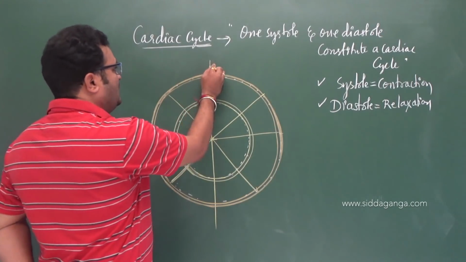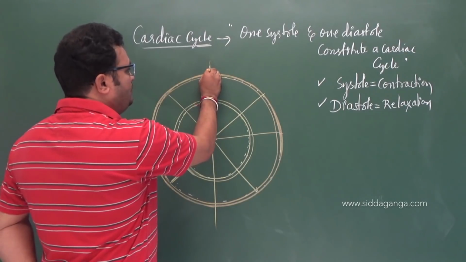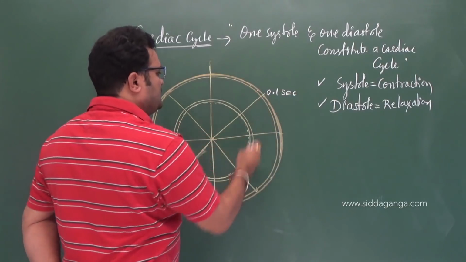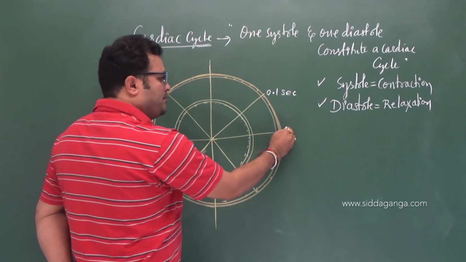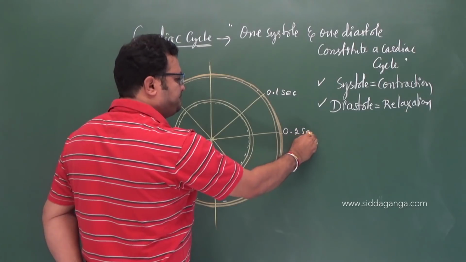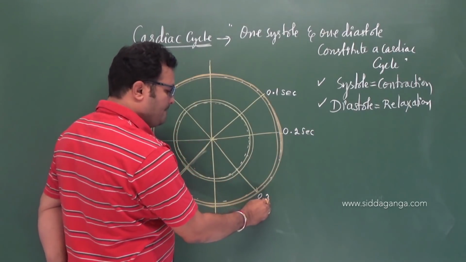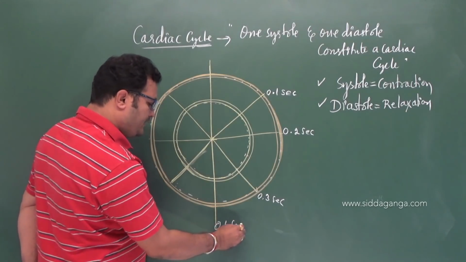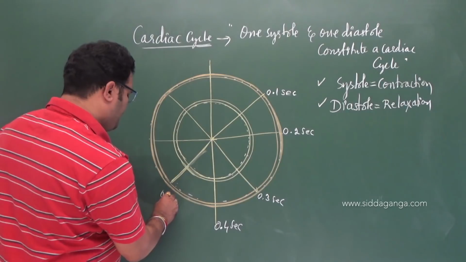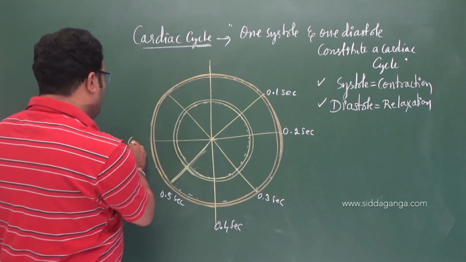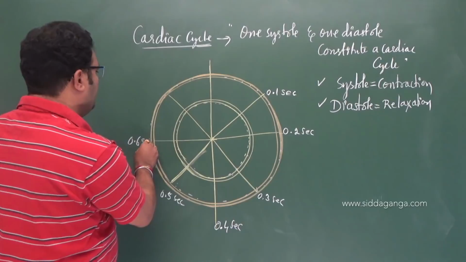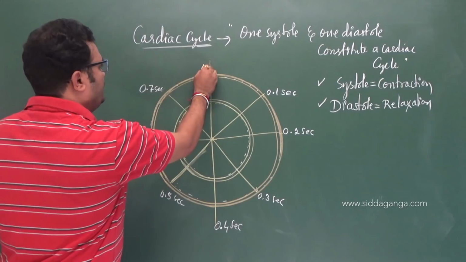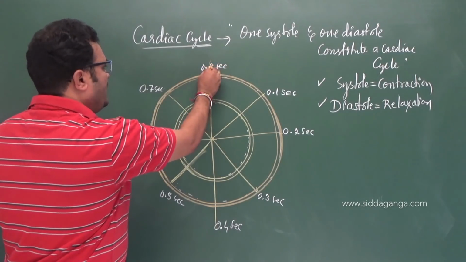So first see here, from 0 you will get 0.1 second. 0.2 seconds, 0.3, and this one is 0.4 second, 0.5 seconds, 0.6 second, 0.7 seconds, and 0.8.